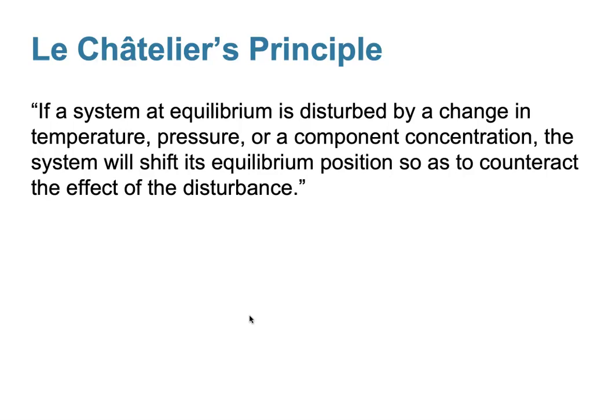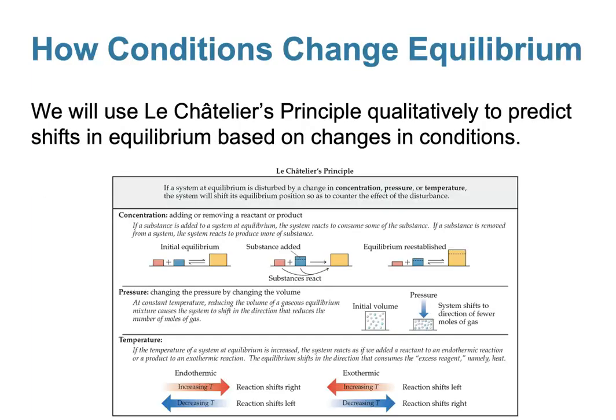So what I'm trying to explain to you is when you increase the stress on a system, the shift is to the opposite side because you're trying to counter that stress. If you decrease the stress of the system, the shift is toward that decrease because you're trying to fix it. Now, the only one that has a special rule, notice I said temperature and concentration changes. Pressure has a special rule, and when we get to pressure, I'll talk to you about that.